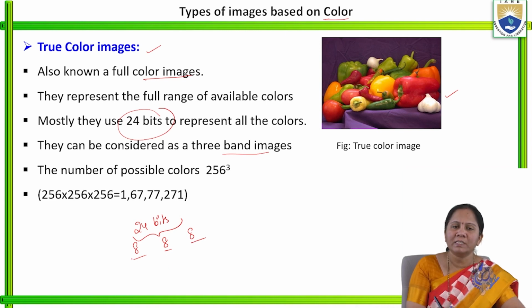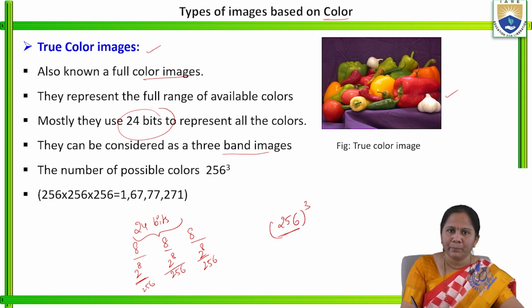If you want to represent this again in terms of 8 bits, you can have 2 power 8, 2 power 8 and 2 power 8. Generally the 2 power 8 value is 256, so you can simply represent this as 256, 256 and 256. So we can write this as 256 power 3. These many colors are available; all colors will come under this range.